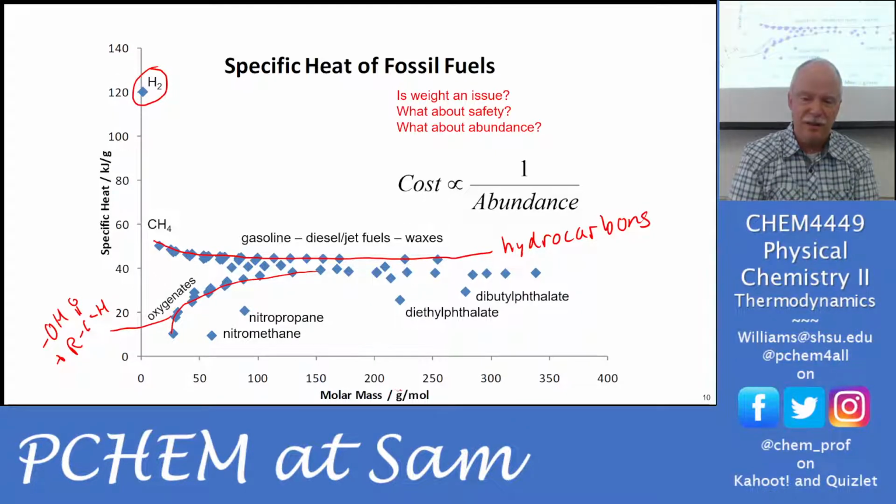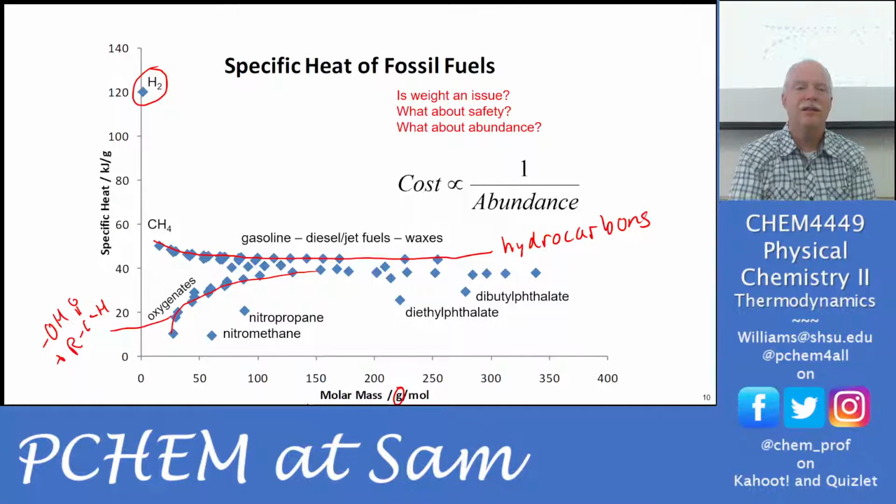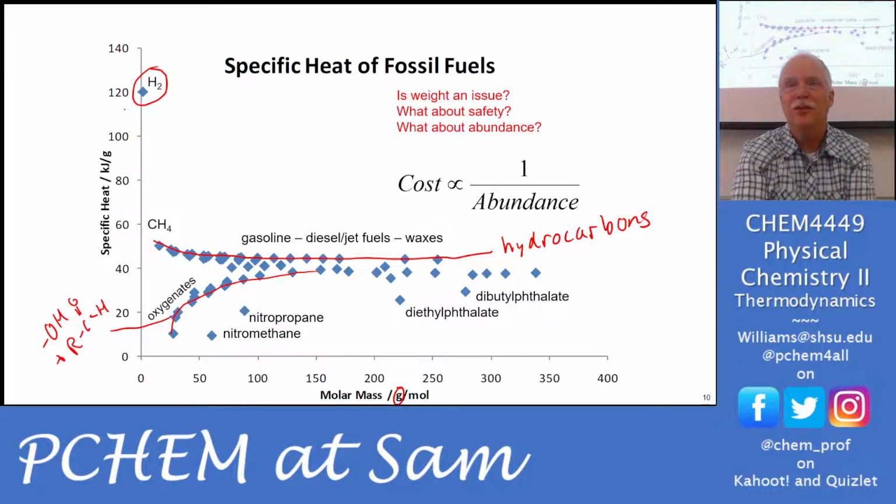But this is per gram. This is the specific heat, kilojoules per gram. But we learned from our analysis of real gases that hydrogen is the least compressible gas. And we don't buy gases in terms of their mass, we buy them in terms of their volume.